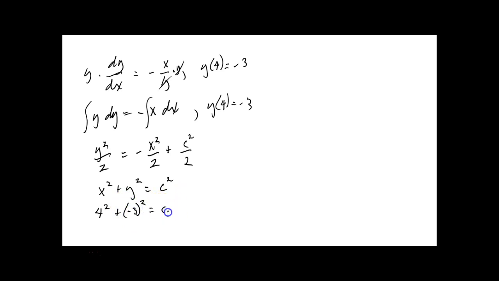That has to equal c squared. So this would be what? 16 plus 9 is equal to c squared. c is equal to 5, right? Okay. So let's write our answer. x squared plus y squared is equal to 25.